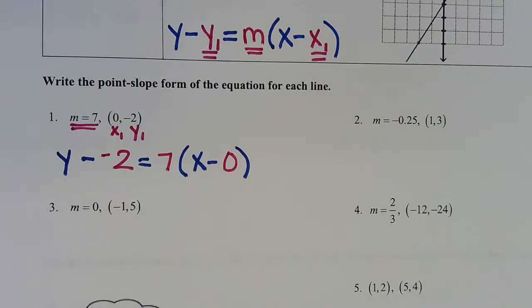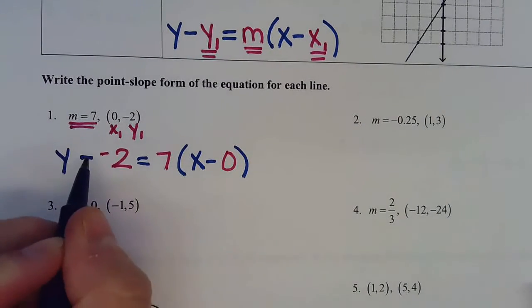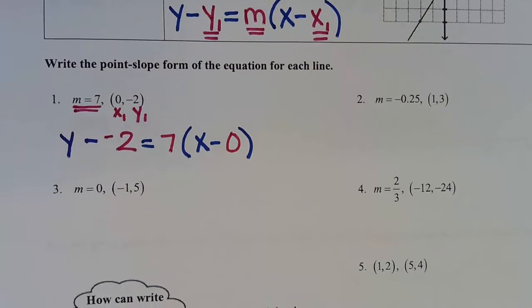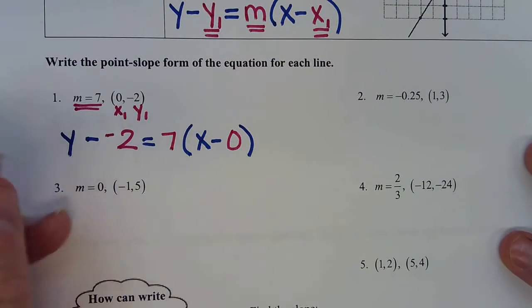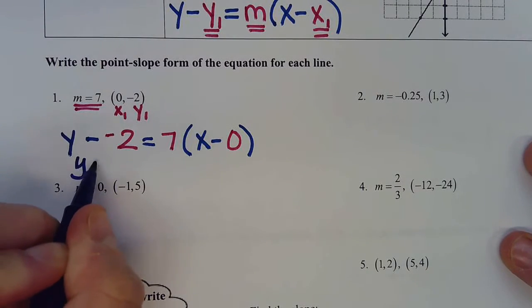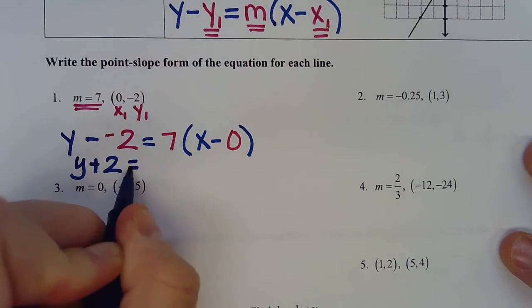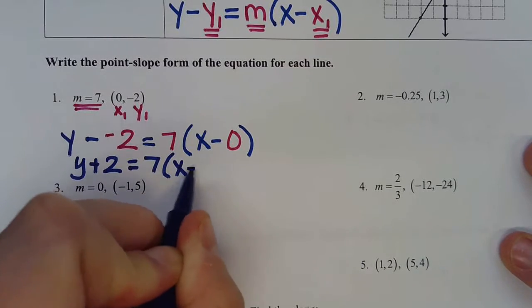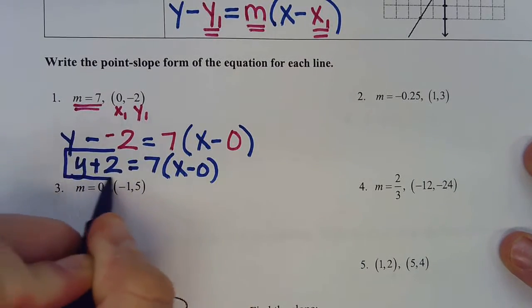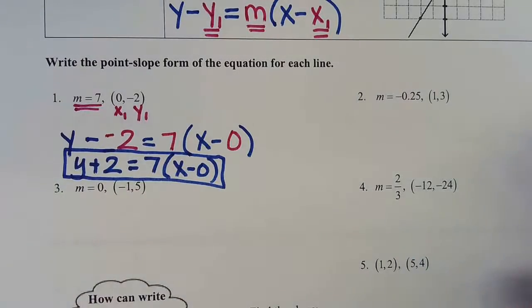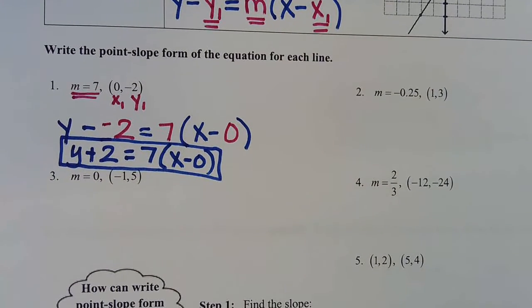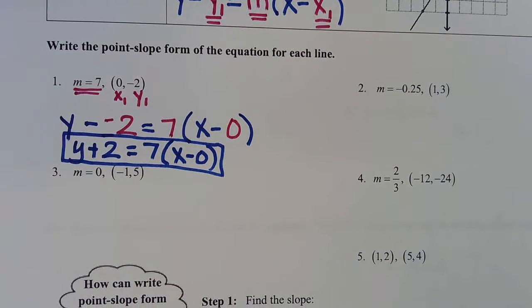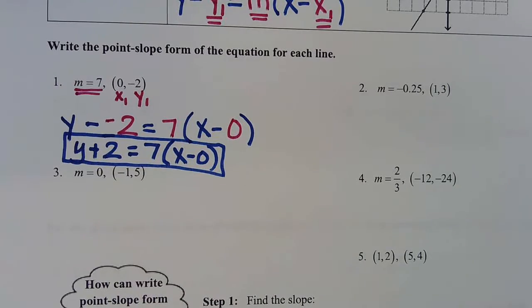So yes, you do have to write it. But what does a double negative actually turn into? A positive. So actually you should write this as y plus 2 equals 7, x minus 0. You cannot leave it as minus a negative. Why? Because minus a negative is a positive.